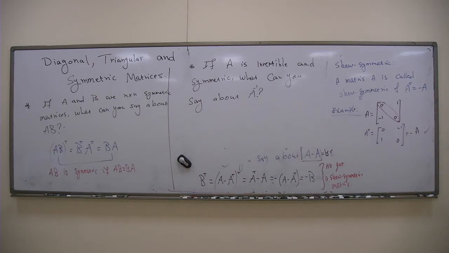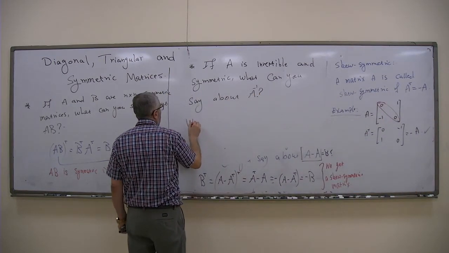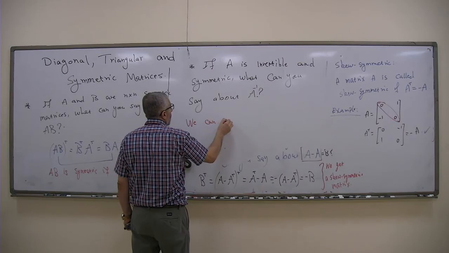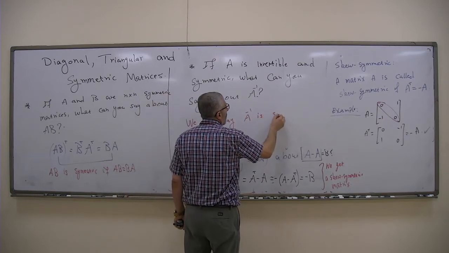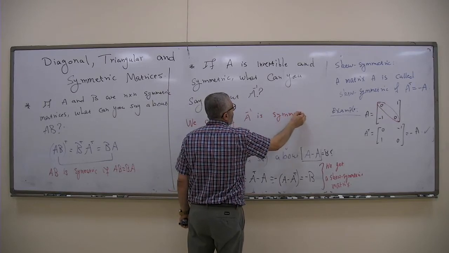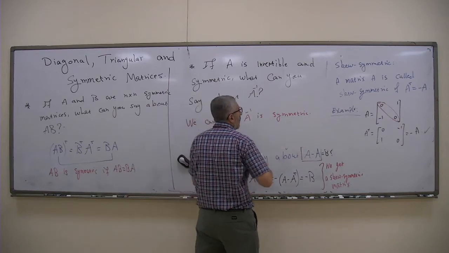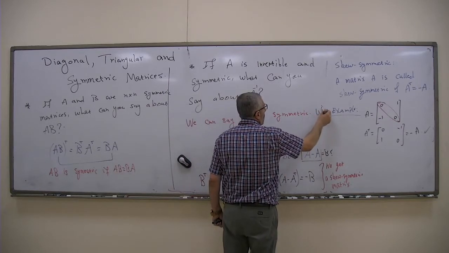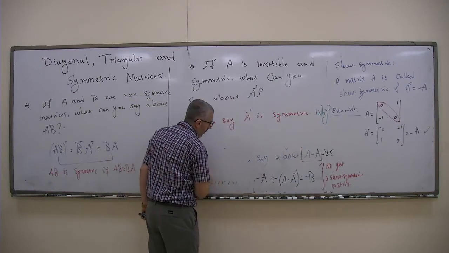A is invertible and symmetric. What can you say about A inverse? We can say A inverse is symmetric. Why? Can you prove that?